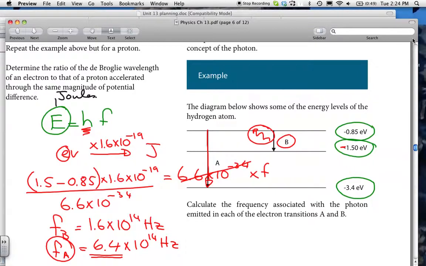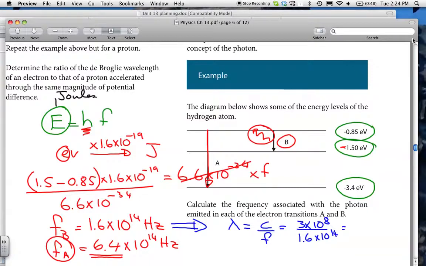So this is how you can calculate the frequency. Now for this we can go to our formula and calculate the wavelength. My wavelength is going to equal c over the frequency. Let's work it out for frequency B. We're going to have 3 times 10 to the 8, that's the speed of light, divided by 1.6 times 10 to the 14.